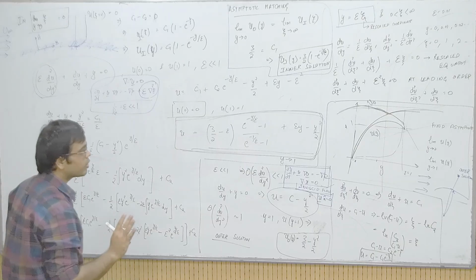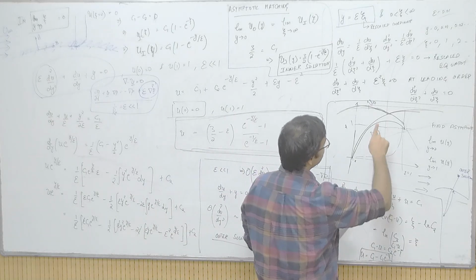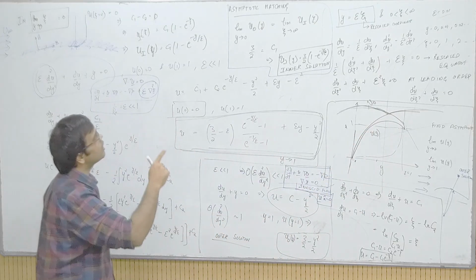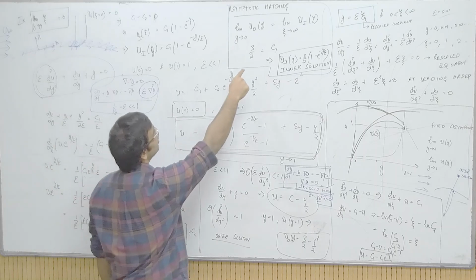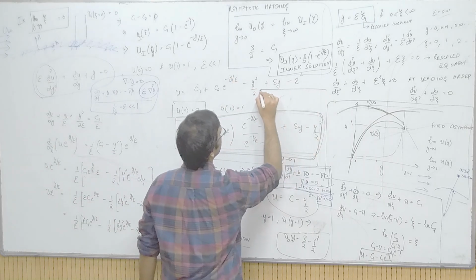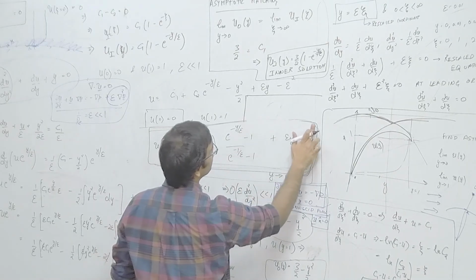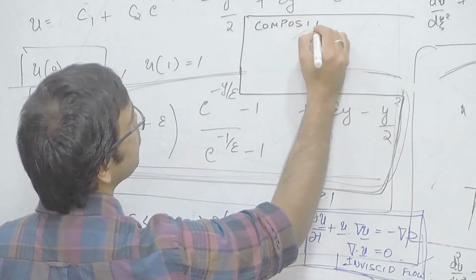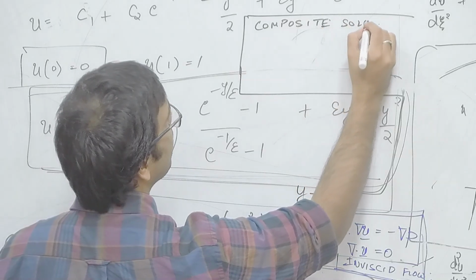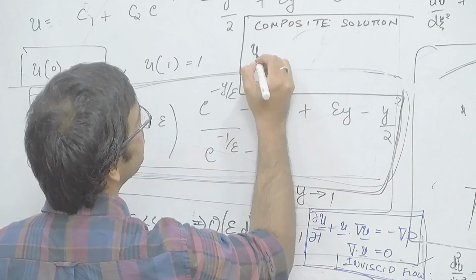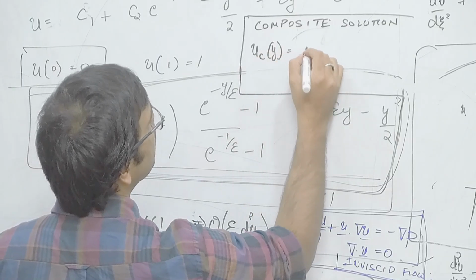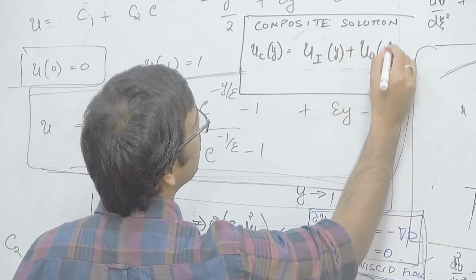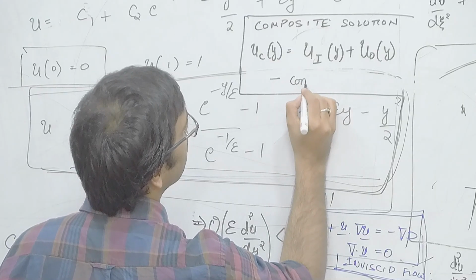Okay, what are the leading order solutions? Once we do this asymptotic matching, there is a way in which you can actually calculate the composite solution. In the textbook you can see it. This is called composite solution, and the idea of composite solution is that it is u inner plus u outer minus the common part.